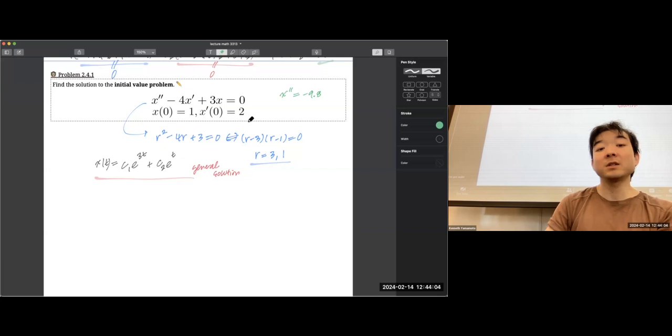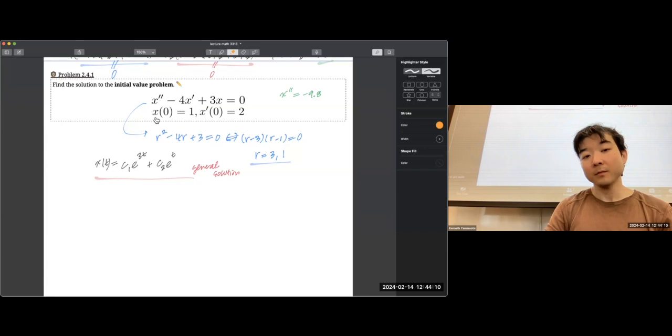You have two conditions, so we're just going to use both of them. You have the one condition, which is this orange one, and we're just going to plug that in. That says that this is equal to 1 whenever t equals 0, so e is raised to 0.